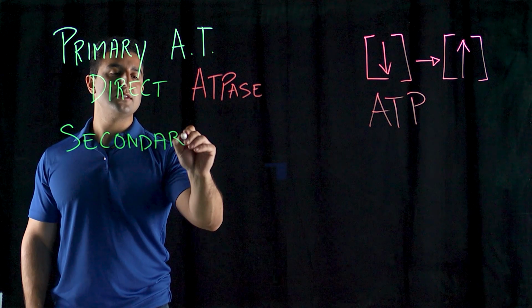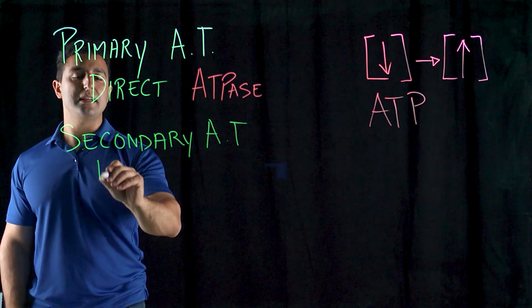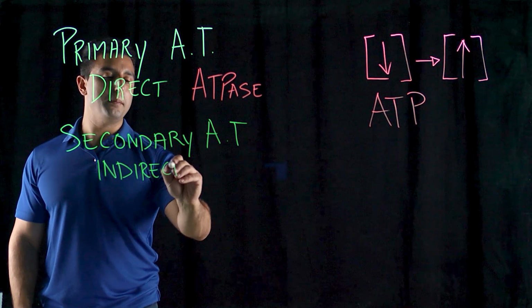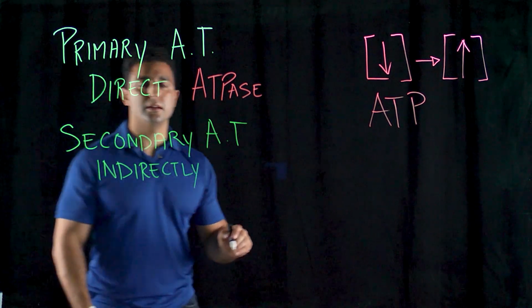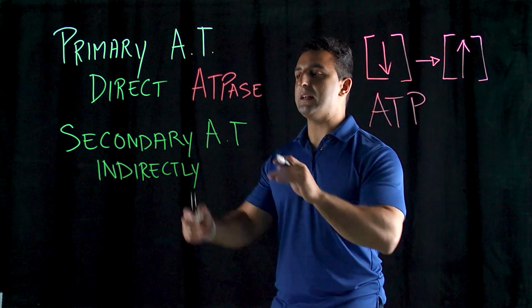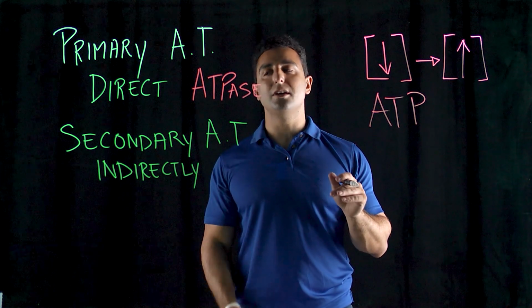So this is indirect. What does that mean? It means ATP does not directly bind to these channels. It's not actually ATP, but the electrochemical gradient that is created from the concentration.